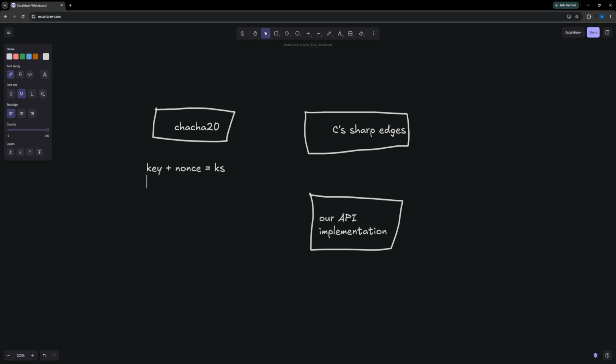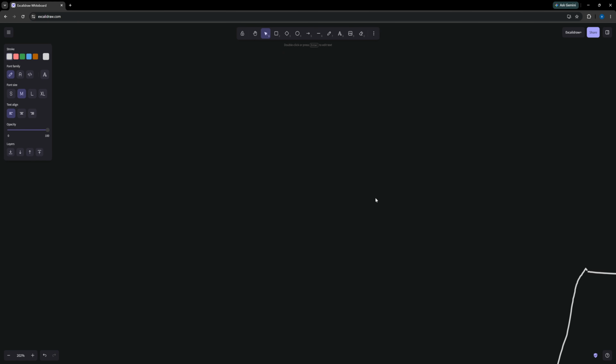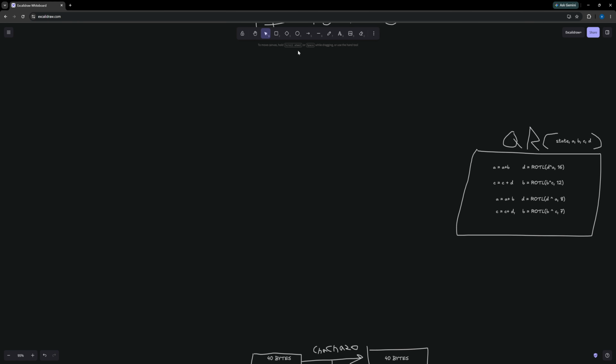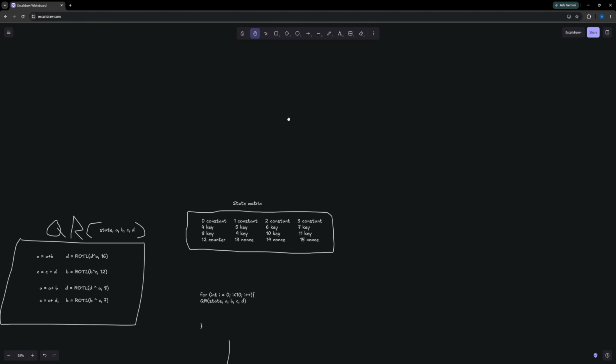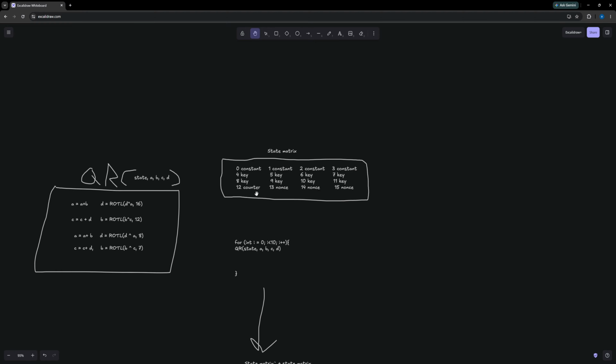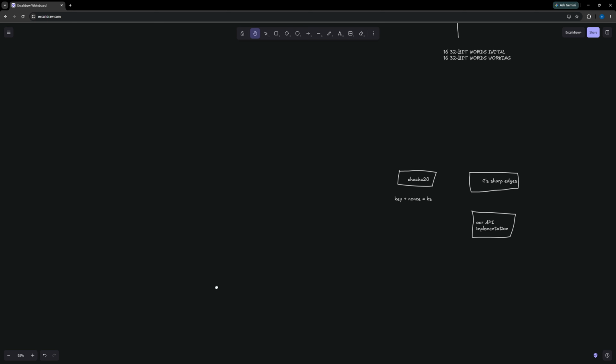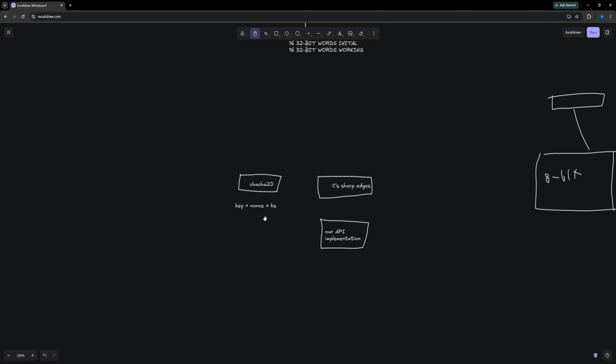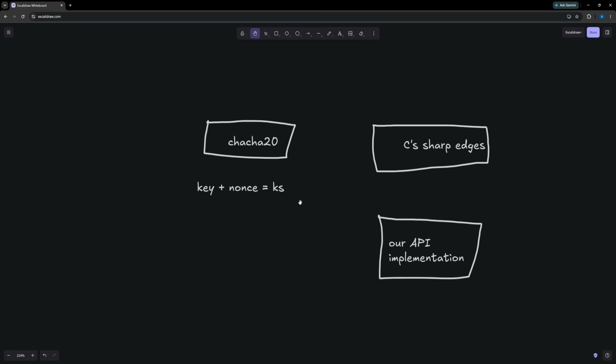The second thing, if we go back up here, so we have our counter and our state matrix, right? And our counter is a 32-bit word or a 32-bit counter because of that. So we have 32 bits.